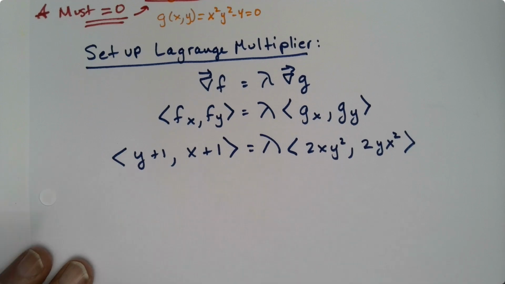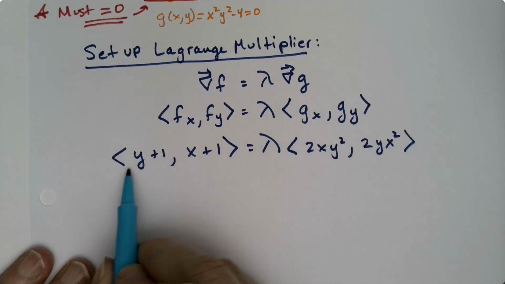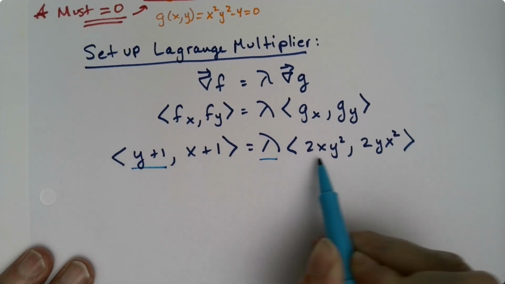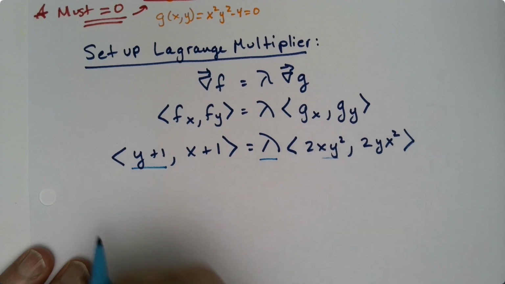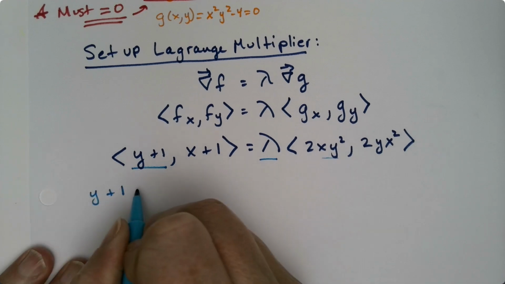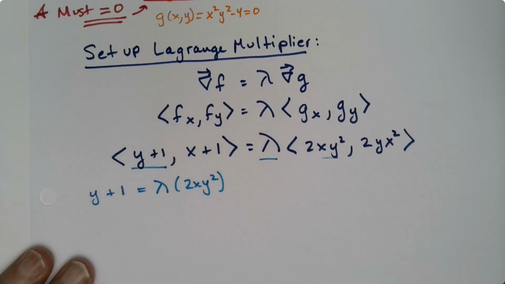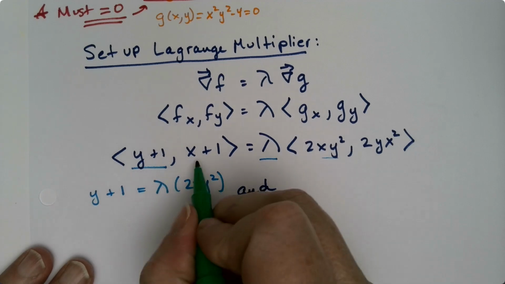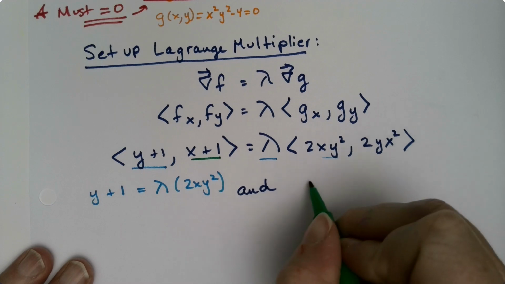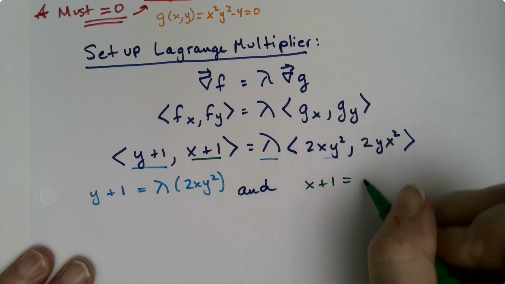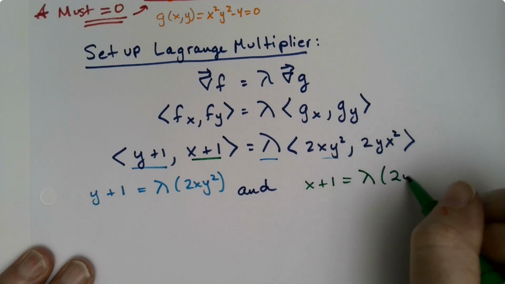Now, how this has to work is if these things are going to be equal, then the x component has to be lambda times this x component. So y plus 1 has to be equal to lambda times 2xy squared. And at the same time, I could take the y components. This component, x plus 1 equals lambda times 2yx squared.